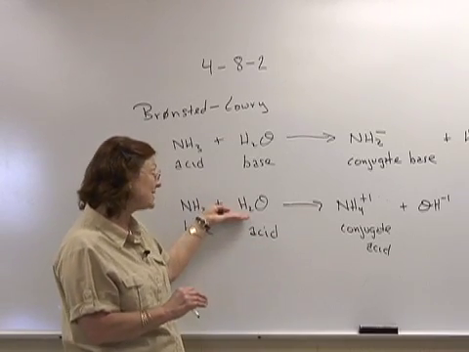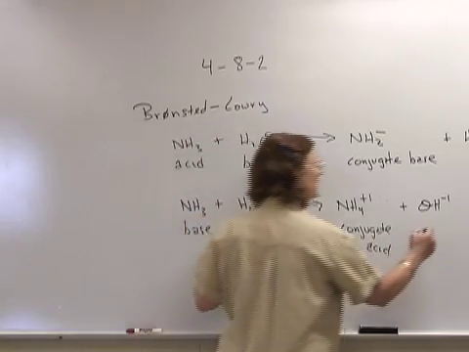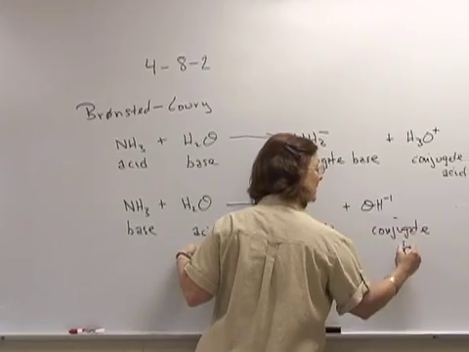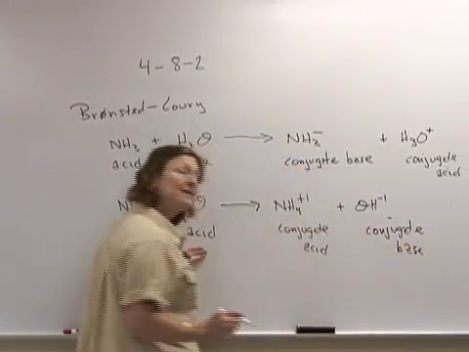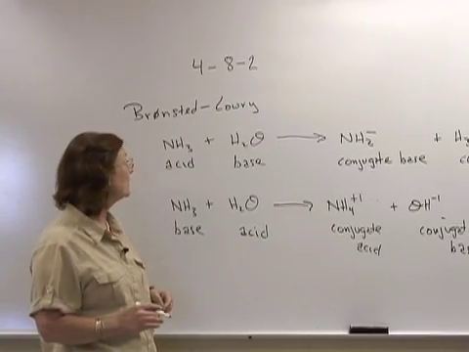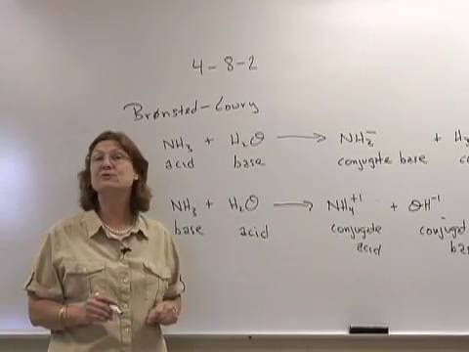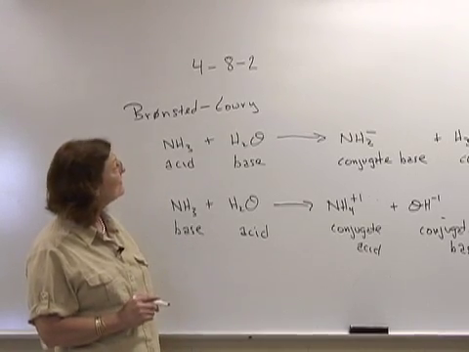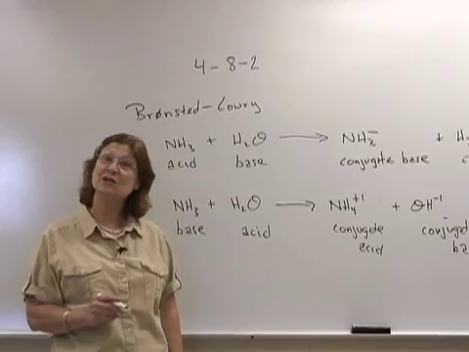And when water acted as an acid, its conjugate base is the particle that you get after it donated that hydrogen. Remember, the proton is the hydrogen ion. So we're looking for where does the hydrogen go. That's the interesting part about these pairs. Bronsted-Lowry has conjugate pairs.